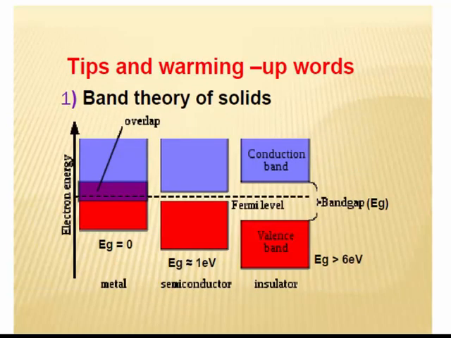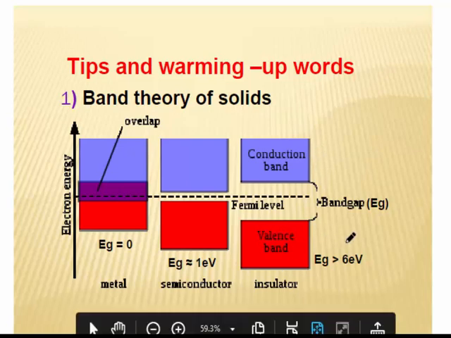To start with, band theory of solids. You know, there are two types of bands. One is the conduction band and the other is the valence band, as you can see in the picture. All of you know what a conduction band and a valence band are.